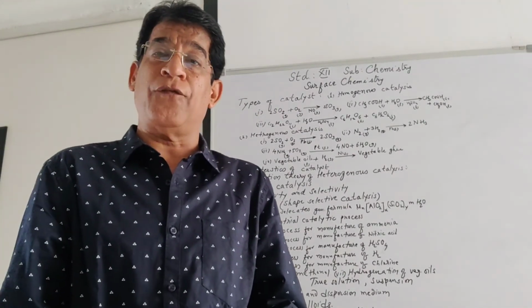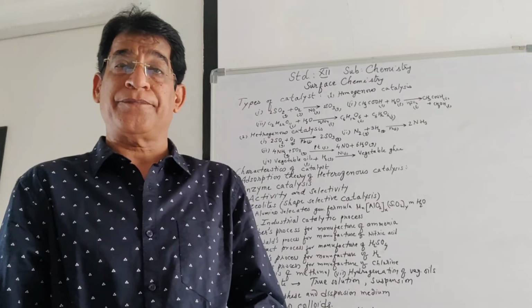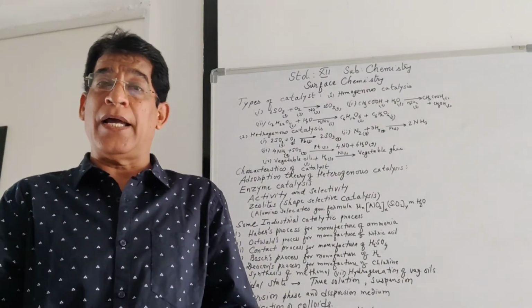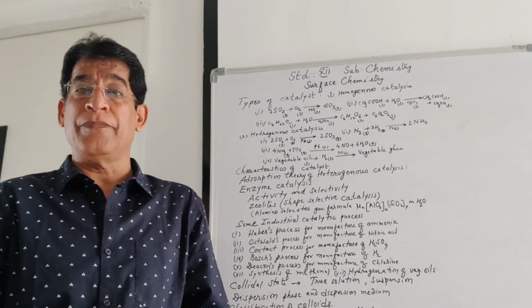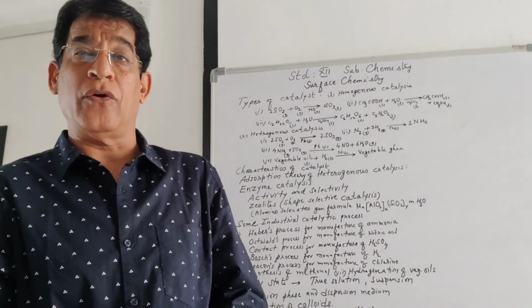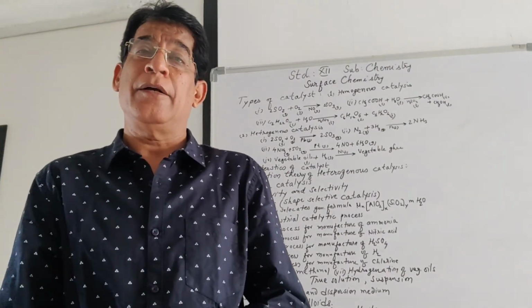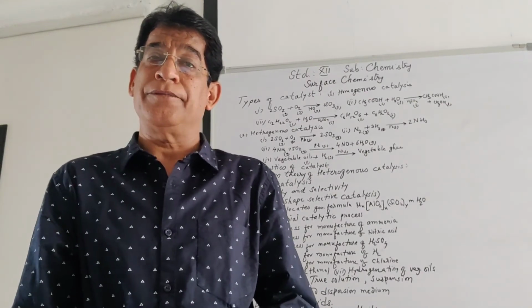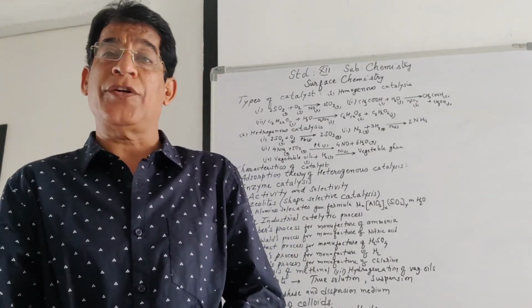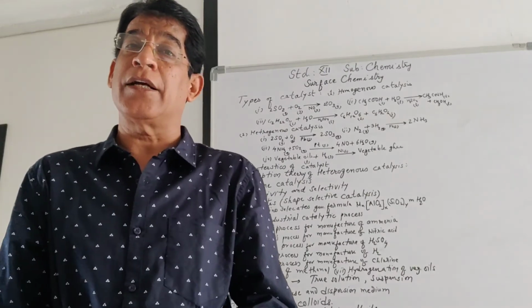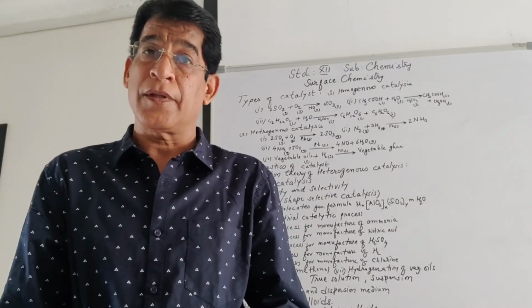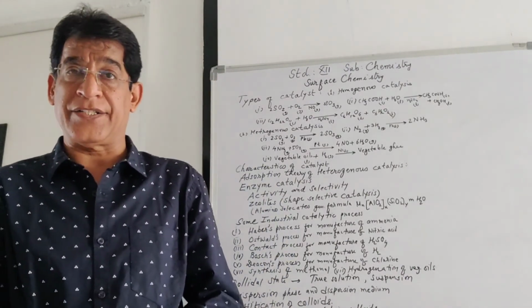Now, preparation of lyophobic colloids by oxidation. Number 1, a colloidal solution of sulfur can be obtained by bubbling oxygen through a solution of hydrogen sulfide in water. Second, by reduction.